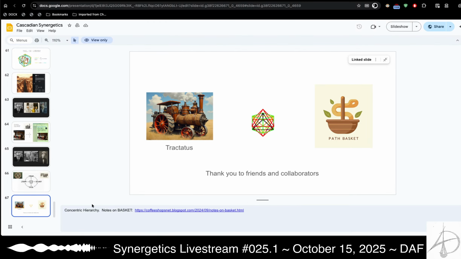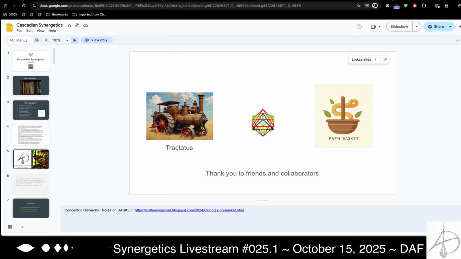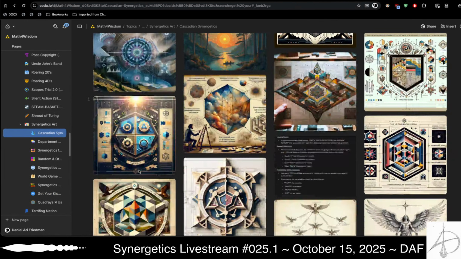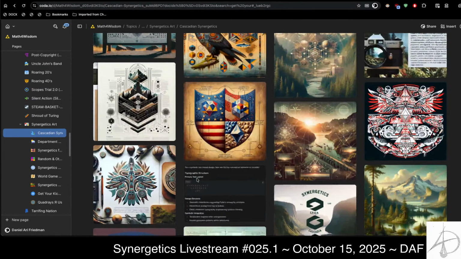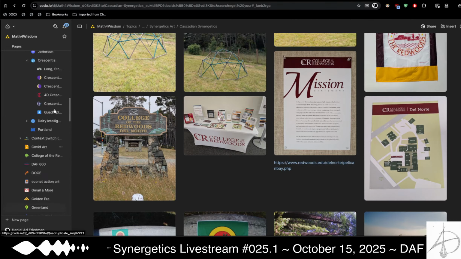And that is where the slides take off with this kind of Wittgenstein related geometric path, basket, American history unfolding, happening among many other places in the Cascadian setting. So there's a lot more that could be explored.